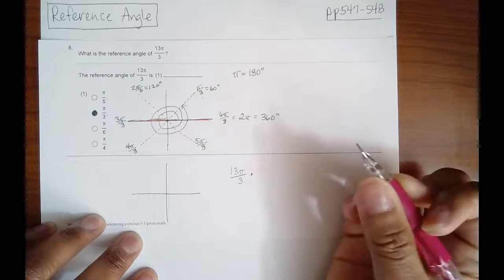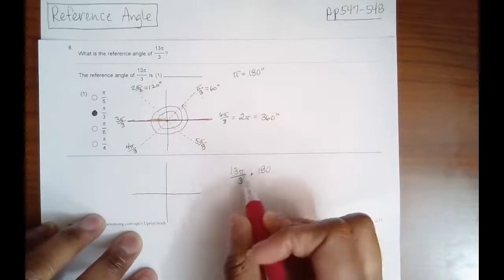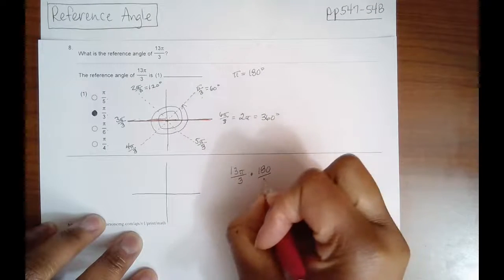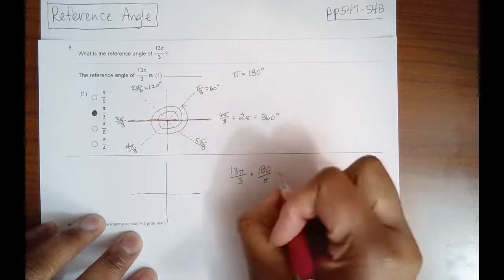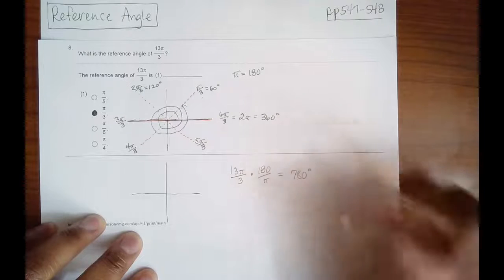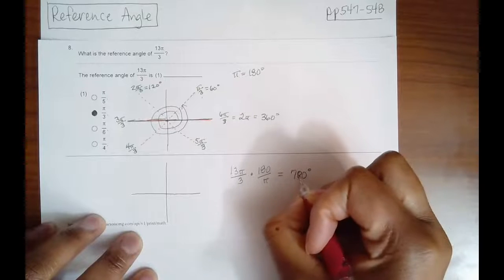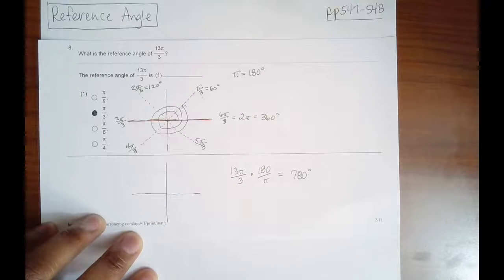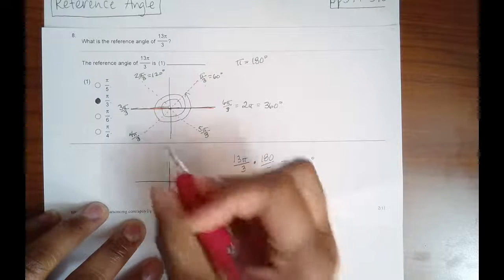And just as a quick recap, the way to do that is you're going to take the given angle measure in radians and multiply that by 180 over pi. When you do that, that's equivalent to 780 degrees. Okay? So, let's practice drawing 780 degrees.